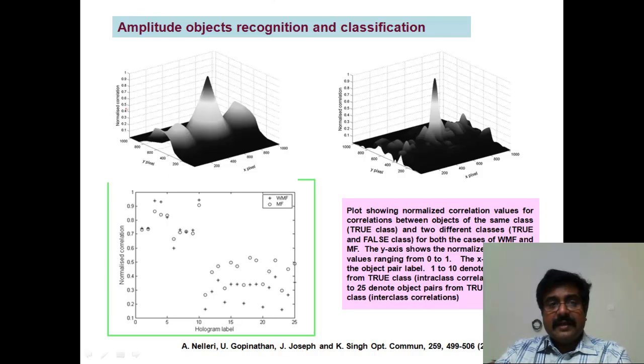If you don't use the wavelet based correlation, the correlation peak is not that sharp, but when you go for wavelet based matched filtering, the performance improves. The study shows that wavelet based matched filtering has better discrimination capability compared to classical matched filtering. The details of this work can be seen in this reference paper written by Nelleri et al.